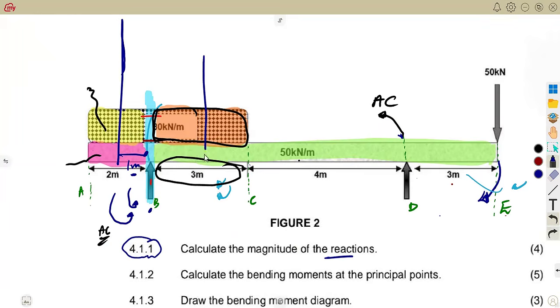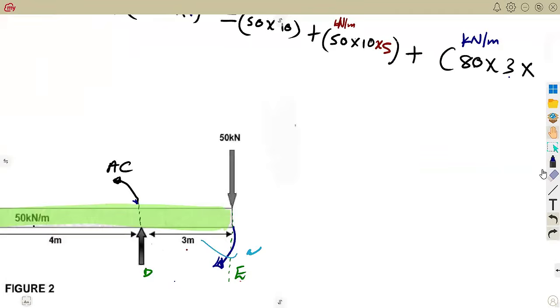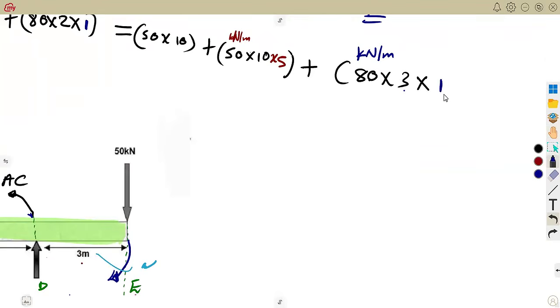It will be somewhere here like this, covering 1,5 this side, covering 1,5 this side. So what we need is this one back to B. It will be 1,5. So that's times 1,5, the distance back to B, just like that.